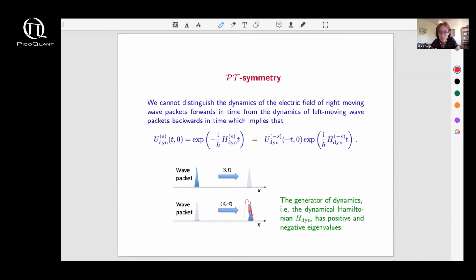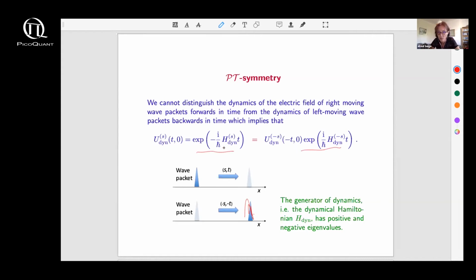But if I show this recording of this situation and a recording of this situation, and I play this recording backwards in time, then what you see is that in both cases you have exactly the same generator for the dynamics.